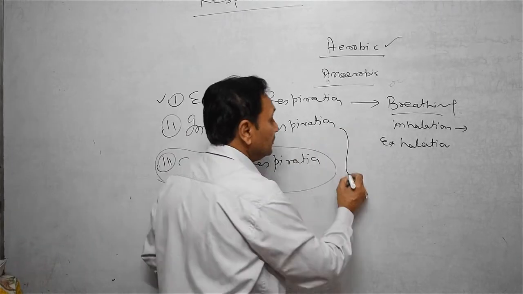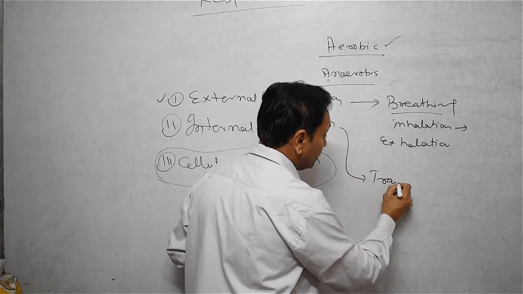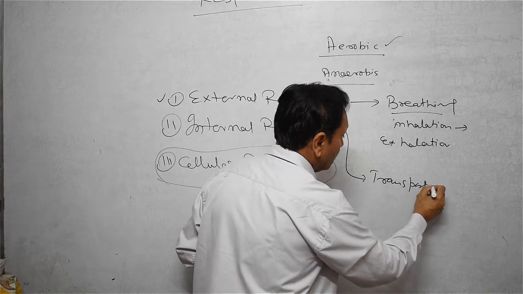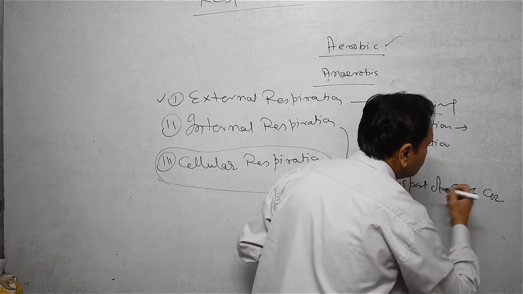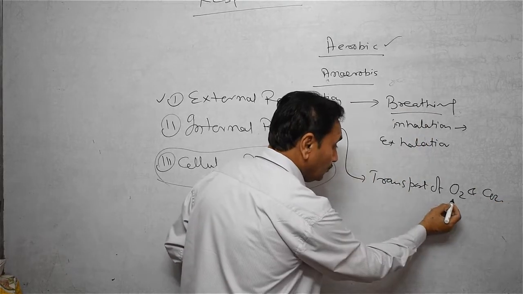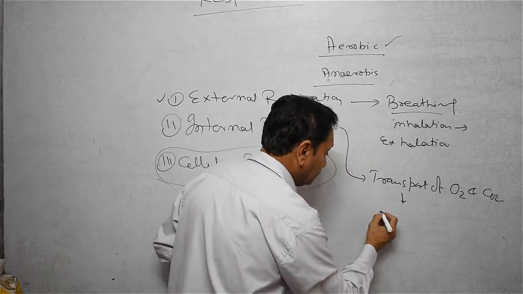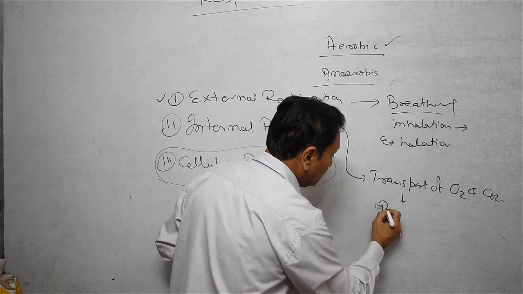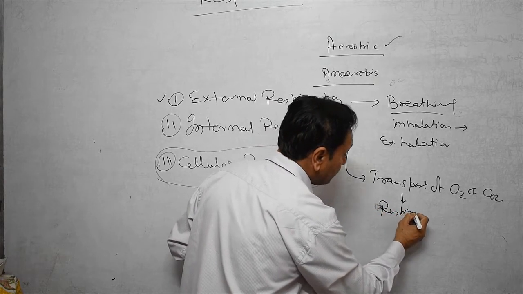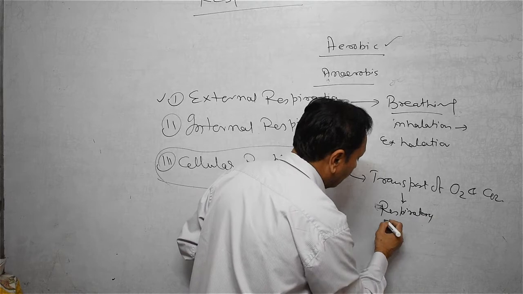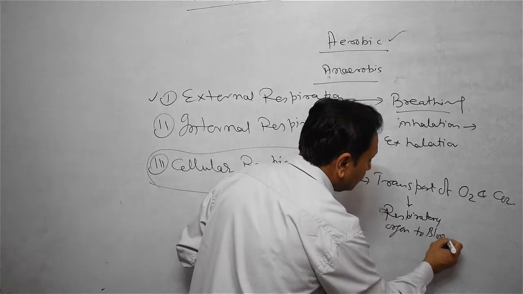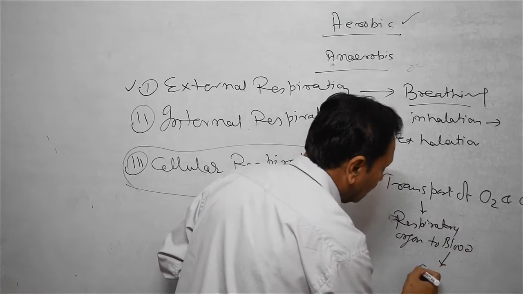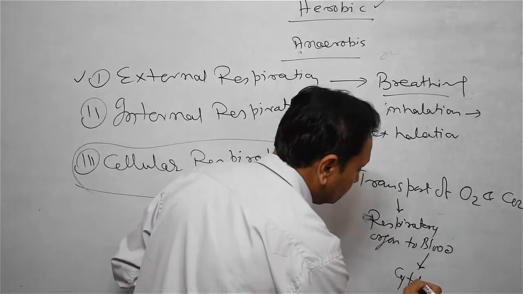It is the transport of O2 and CO2. The transport of O2 is from the respiratory organ to the blood and to the cell cytoplasm.